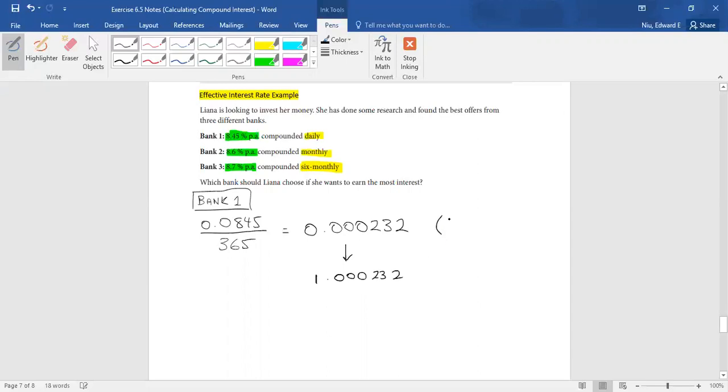So here's step 1. What we do is we power it by the amount of days in a year. So here's step 2.